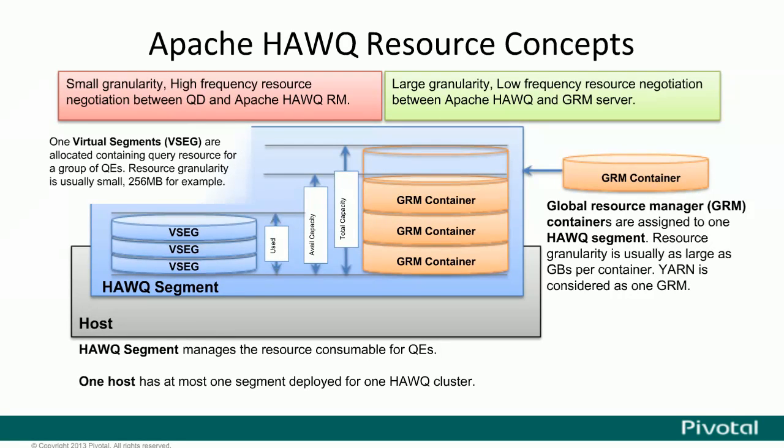If I assume all the containers on the right are one processor, 1 gig of memory, when I drop that fourth one on there, I now have 4 procs, 4 gig of memory. Within Hawk itself, I can spin up virtual segments to consume that and run these query executors to run the query itself inside that framework of container, CPU, and memory.